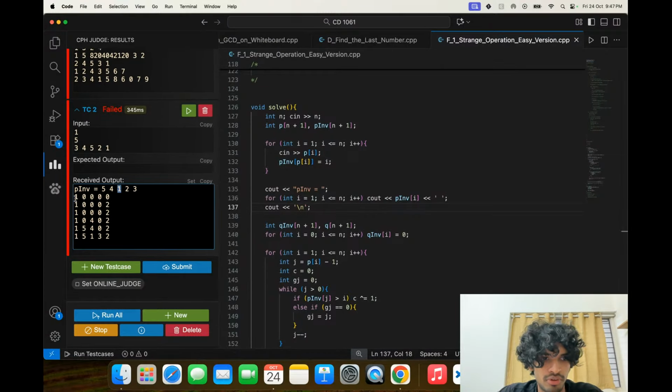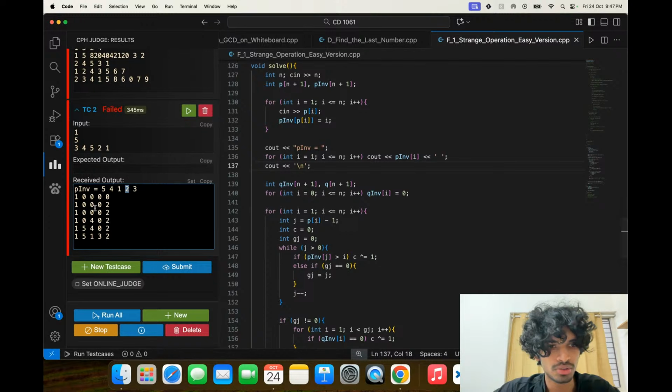So one has moved forward, and then what happened to two? Why hasn't two moved forward?